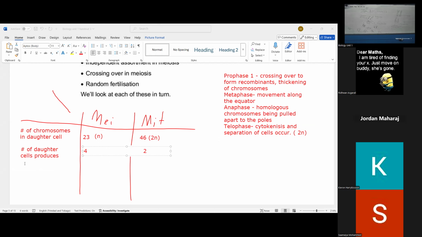The next category could be variation. In meiosis, is variation present? Variation occurs due to crossing over.